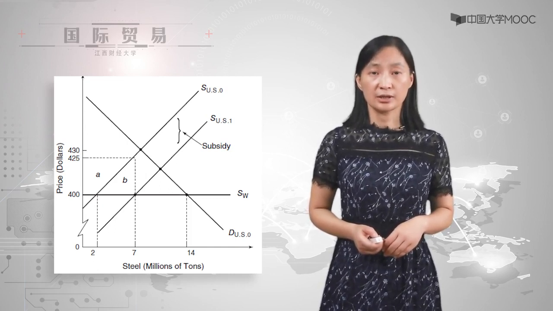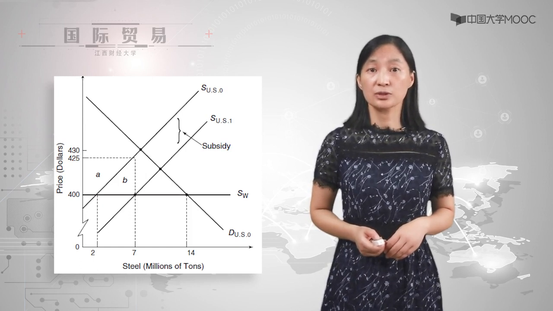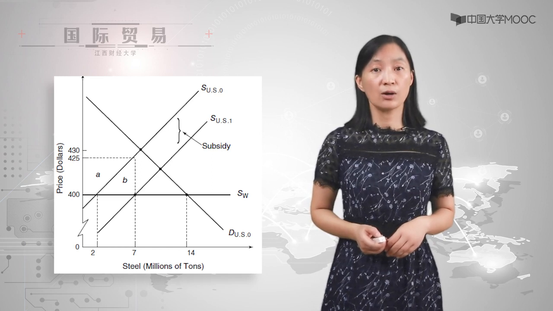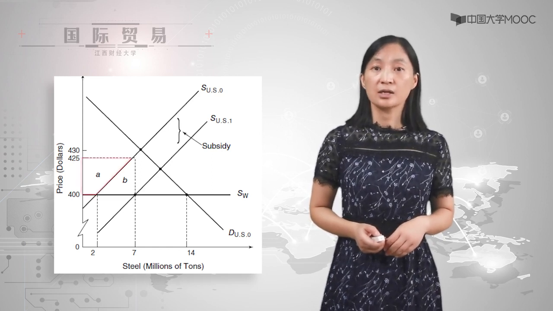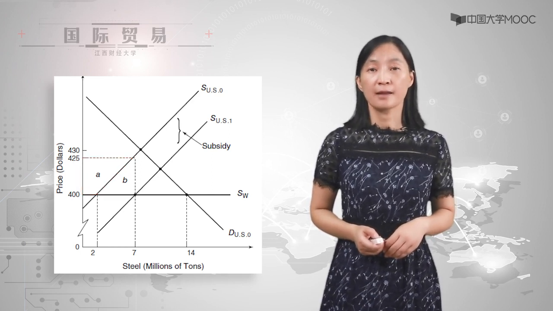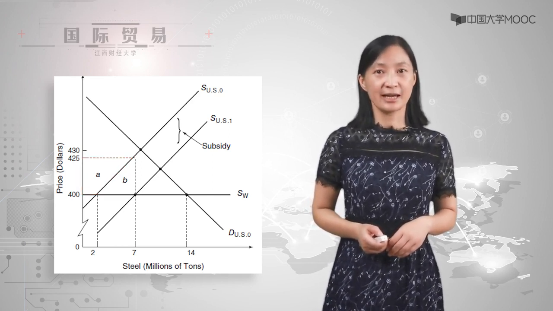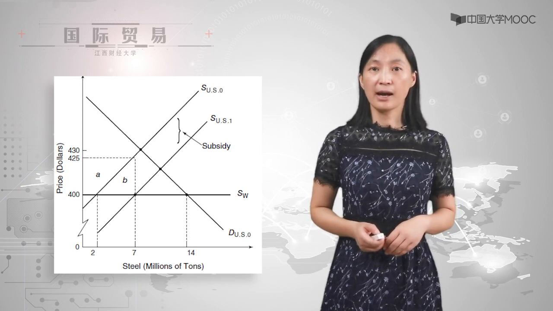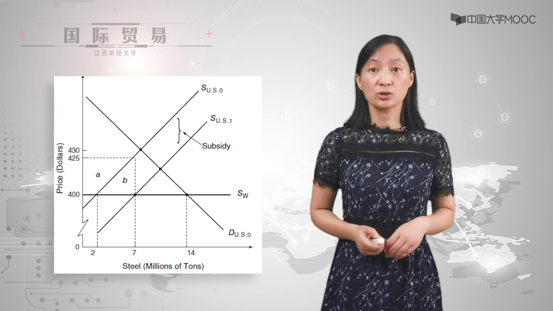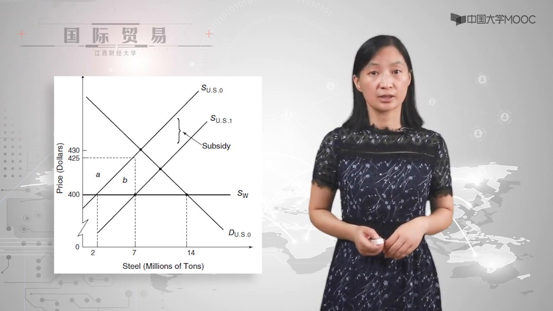Where does this subsidy revenue go? Part of it is redistributed to the more efficient U.S. producers in the form of a producer surplus. This amount is denoted by area A. There is also a protective effect, whereby more costly domestic output is allowed to be sold in the market as a result of the subsidy.